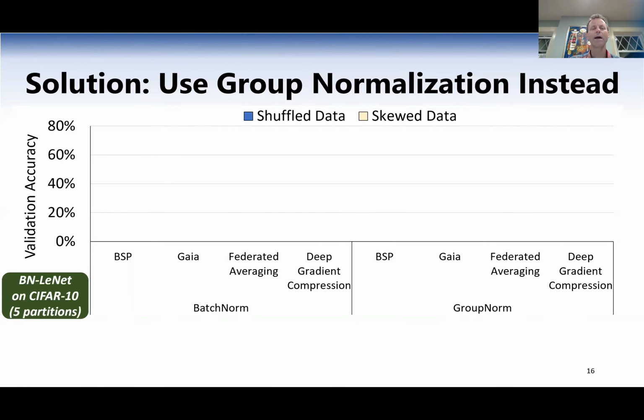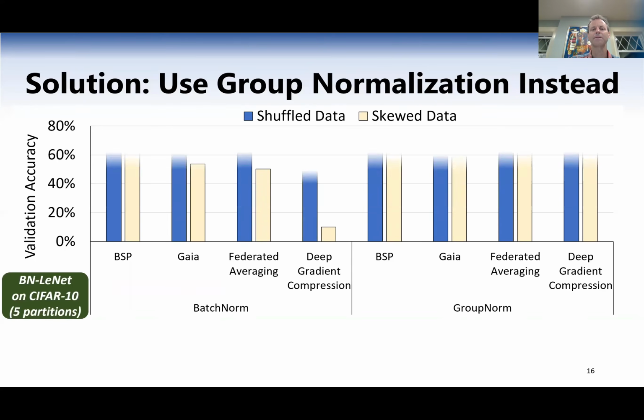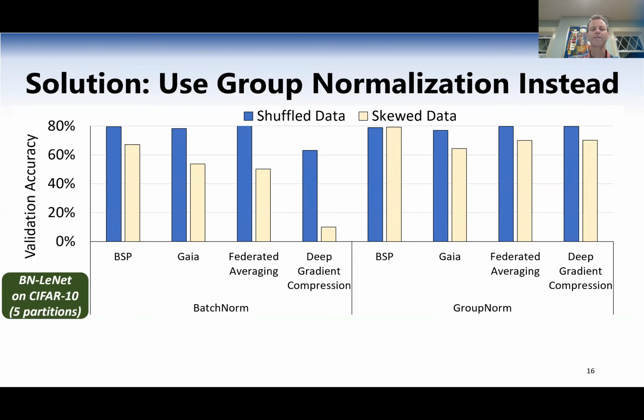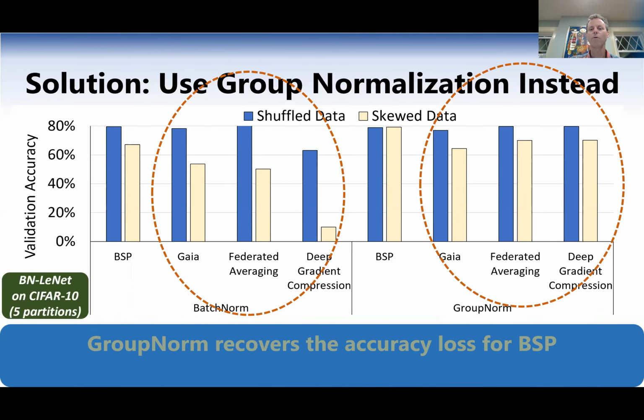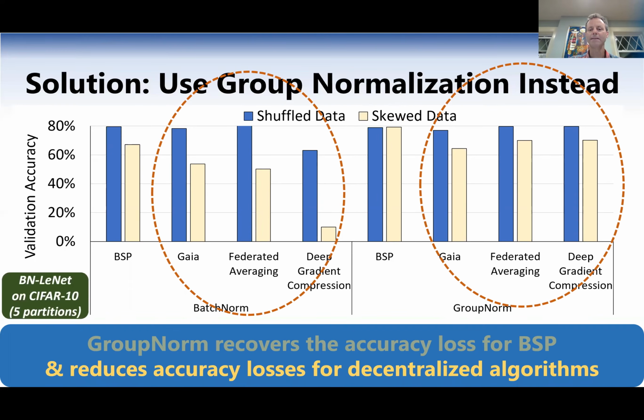Again, the y-axis is top 1 validation accuracy. And here's what we see. BSP, which suffered in the batch normalization case, is now not suffering anymore from skewed data. So the whole problem has gone away. And moreover, even for the decentralized algorithms that communicate less frequently, there's a reduction in the amount of accuracy loss they suffer.